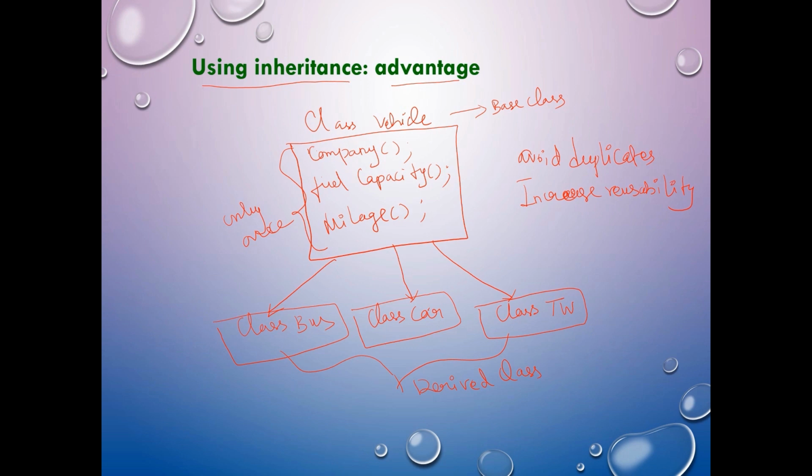Whenever the class bus needs them, it will use them, and likewise for car and two-wheeler. So again and again we are reusing these functions. This is one main advantage of using inheritance: it will avoid duplicates and increase reusability. We can write the function only once, and use it many times.